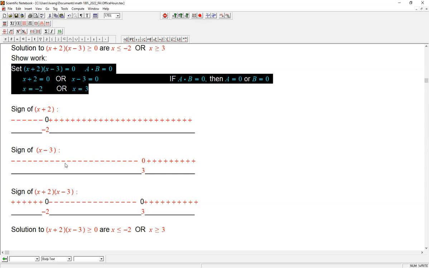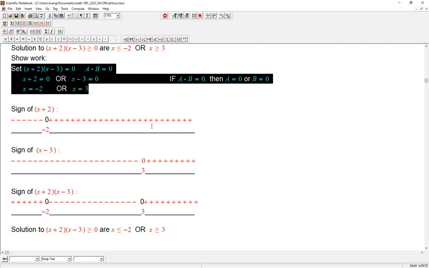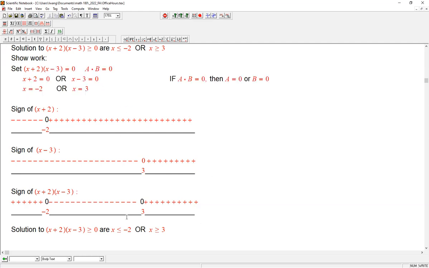But a lot of you would like to do this step, so you need to know the purpose of this step. If you like to do this step, no problem, just leave it there. So this will be the work you can show. Make sure your work is well organized, so that will be very helpful for you and your reader.